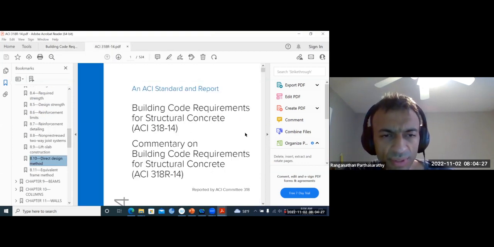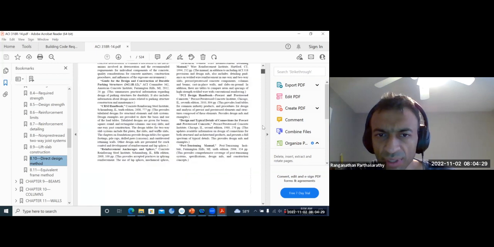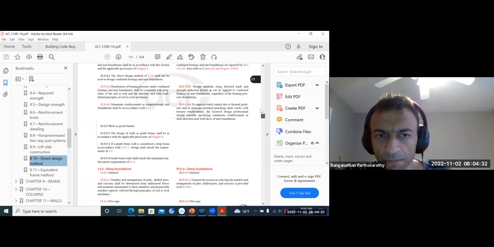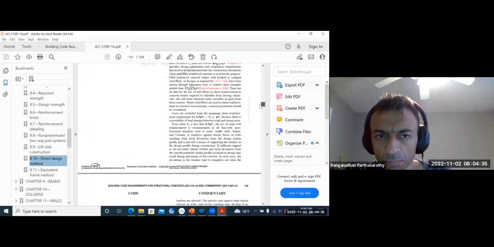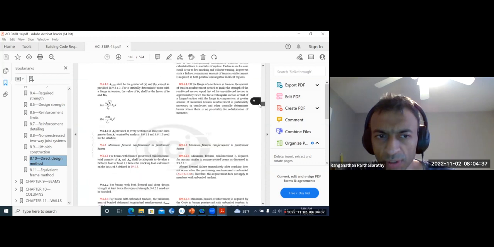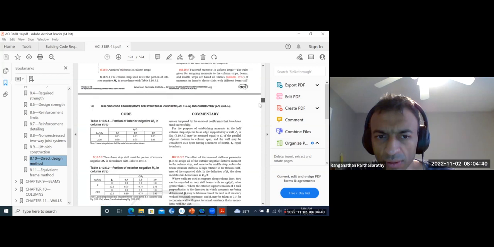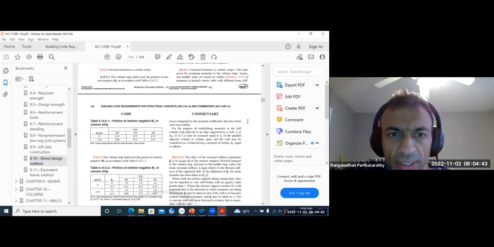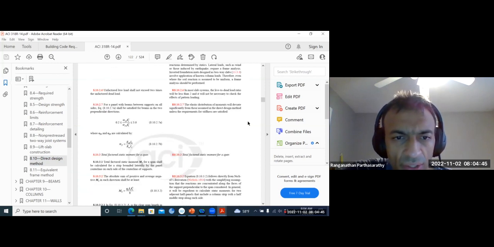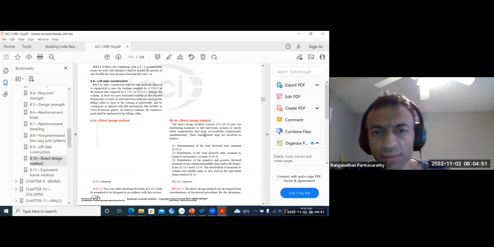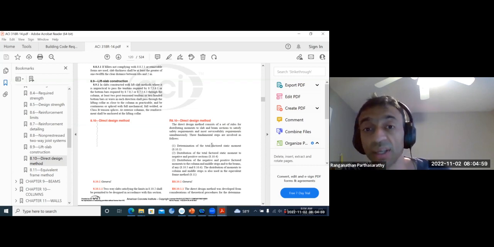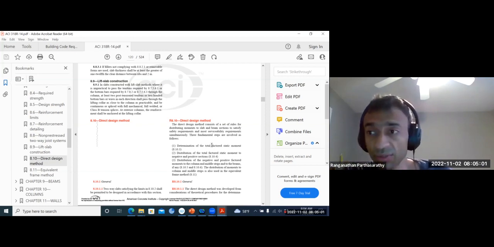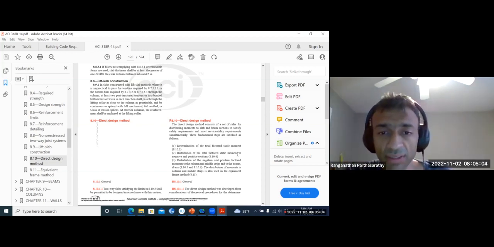But if you go to the 2014 code, section 8.10, here the direct design method is very clearly given. The direct design method is a set of rules for distributing the moments to satisfy safety and serviceability simultaneously.